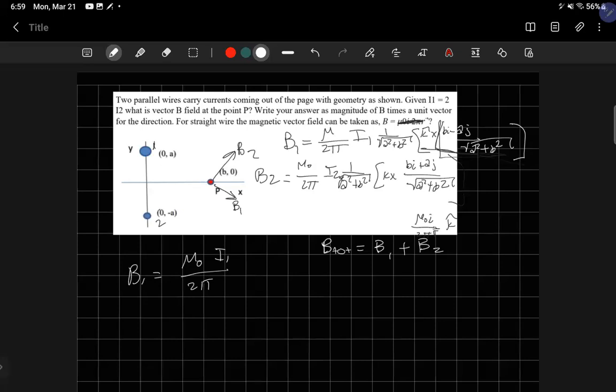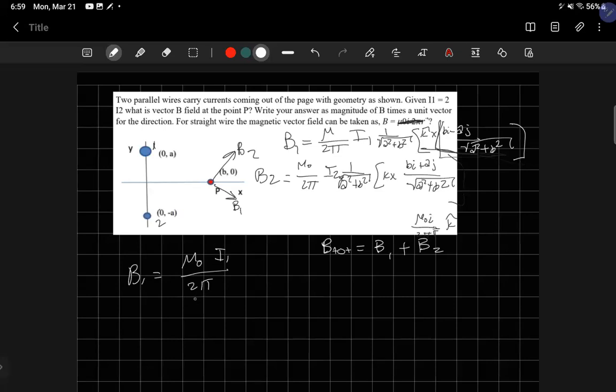Then 2 pi. And whenever you cross, the k hat's going this way. You should get positive just by right hand rule. Okay, yeah.